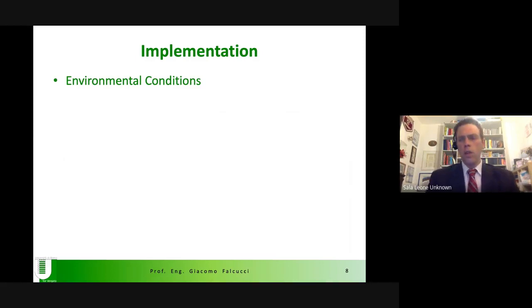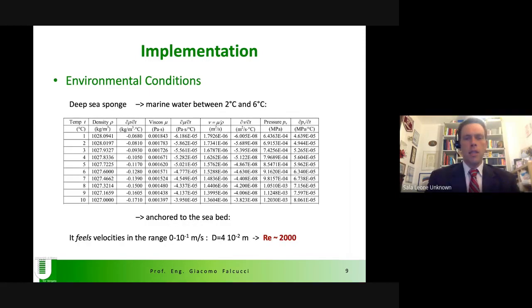So, first of all, before discussing the realization of the simulations, we have to look at environmental conditions. It is a deep sea sponge, so it dwells in marine water between 2 and 6 degrees Celsius. The properties of salt water at this temperature are reported here, and most of all we will deal with viscosity.